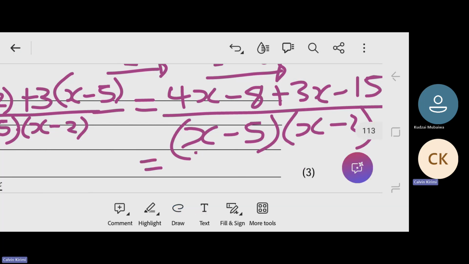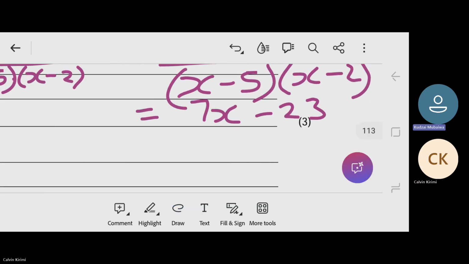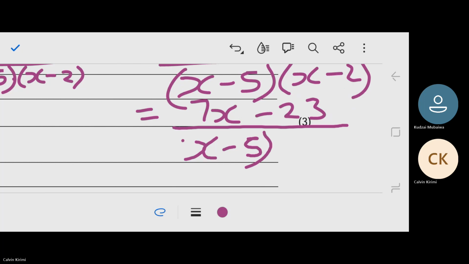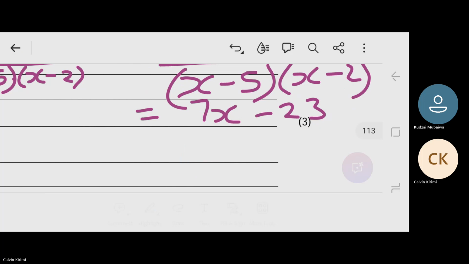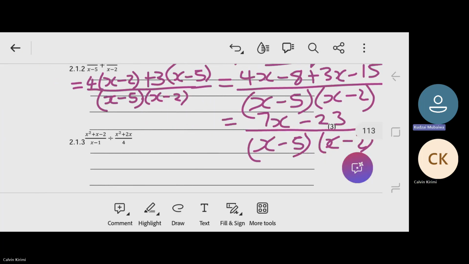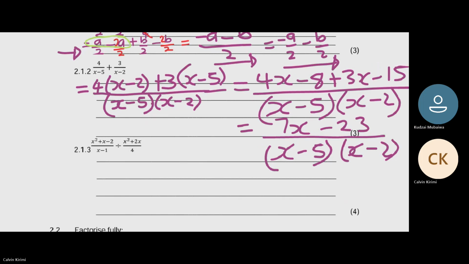Then the denominator is the simplified denominator, x minus 5, x minus 2, simplified. Any question? No, sir.